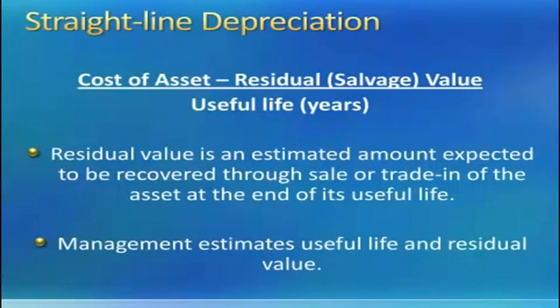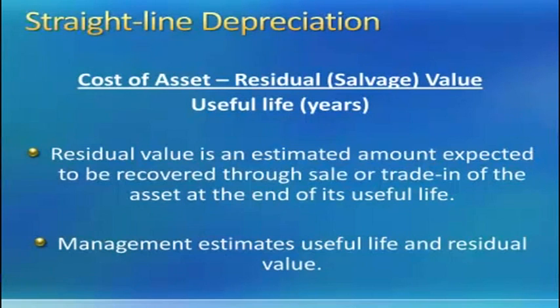The residual or salvage value, as it's sometimes referred to, is an estimate of the amount that the asset can be sold for at the end of its useful life. The useful life is an estimate of how long the asset will be used before it is sold or disposed of. So two estimates go into the calculation of depreciation.